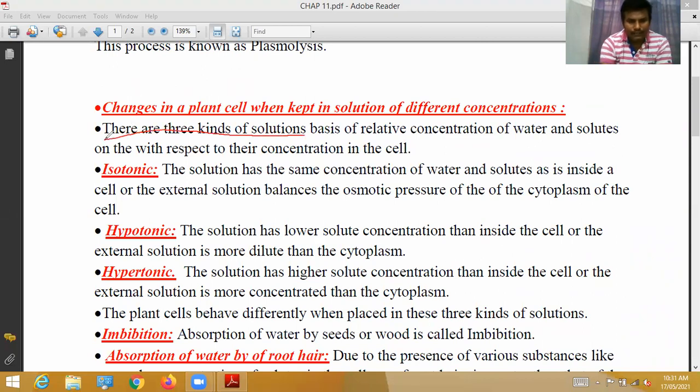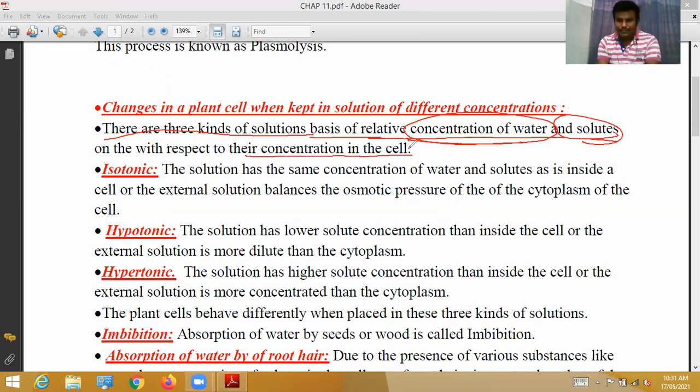There are three kinds of solutions, on the basis of the relative concentration of water and solutes with respect to their concentration in the cell.